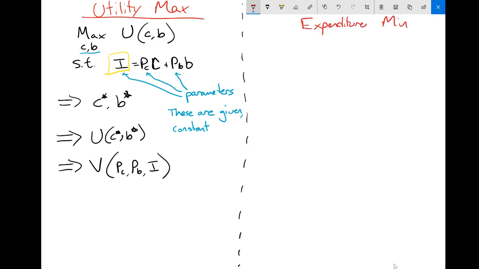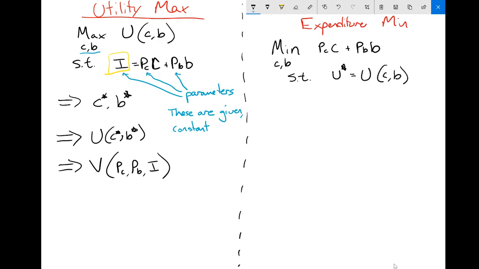Expenditure minimization is the inverse problem. What we're now going to do is choose C and B that minimize our expenditures, subject to achieving some pre-specified level of utility.